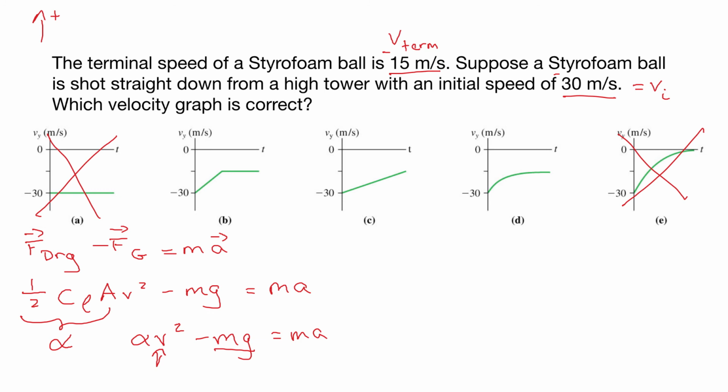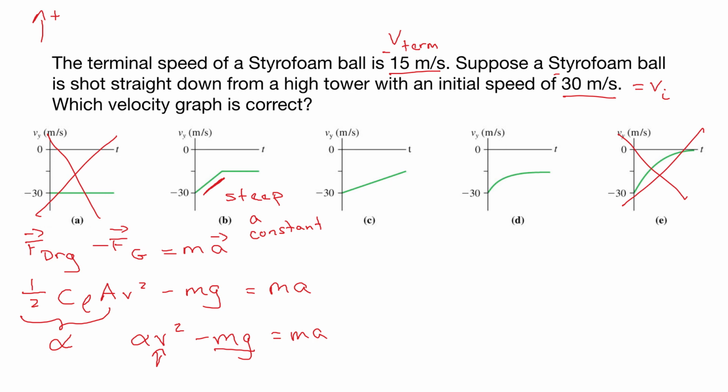So, in order to think about this, we should focus on how the velocity is changing in each of these graphs. In graph B, we know that the acceleration is the slope of a velocity versus time graph. So if I look at the slope here, I can see that this slope is somewhat steep, but the slope itself isn't changing. So that means a is constant.